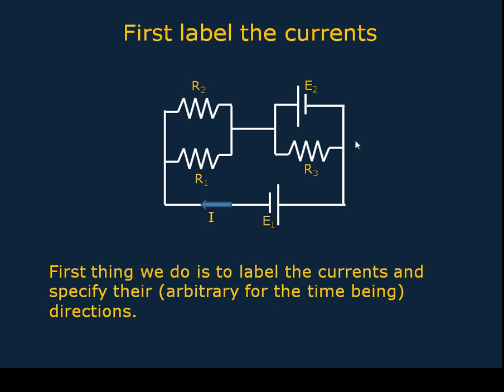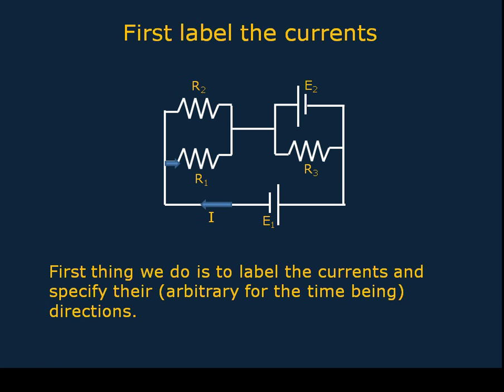But the fact that this battery exists here tells me that the current possibly could be in a different way. We don't know that. So let's just put it as the current going in that direction. Now the currents through the resistors also are chosen as per our wish.